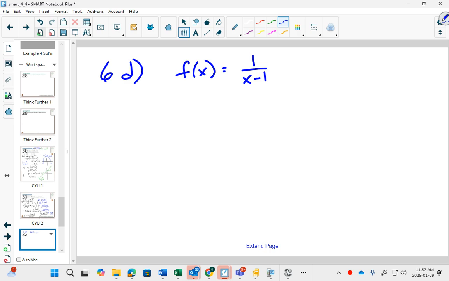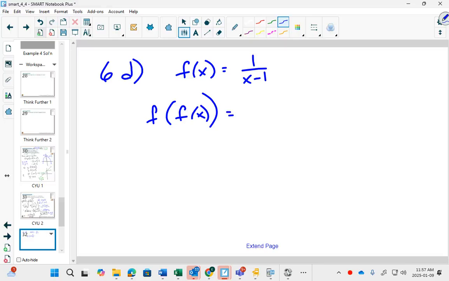And it tells you g of x, but you can ignore it because the question says figure out f of f of x. The reason I wanted to do this one together is because it involves complex fractions, which you haven't seen since identities. Complex fractions are where you have fractions inside of fractions, which happened a lot in identities, but it can happen in other units as well.